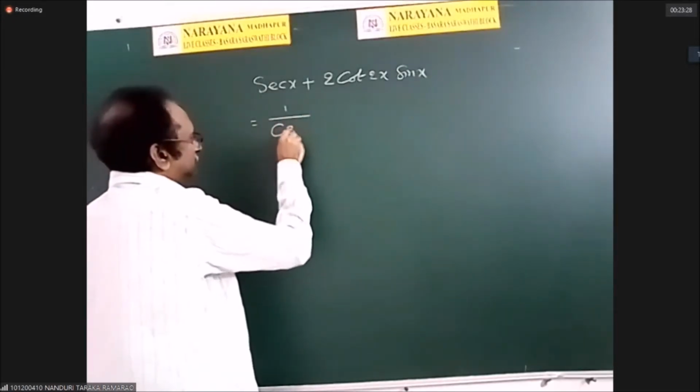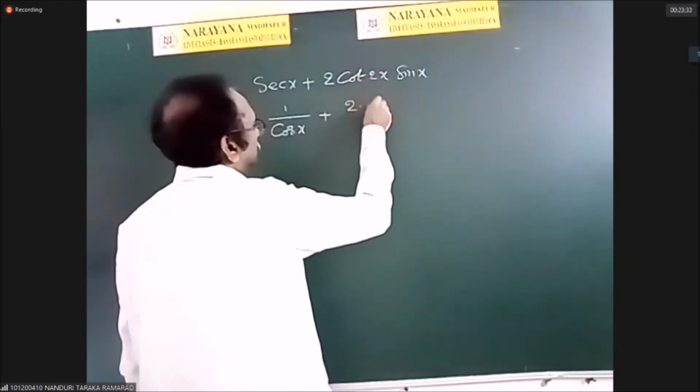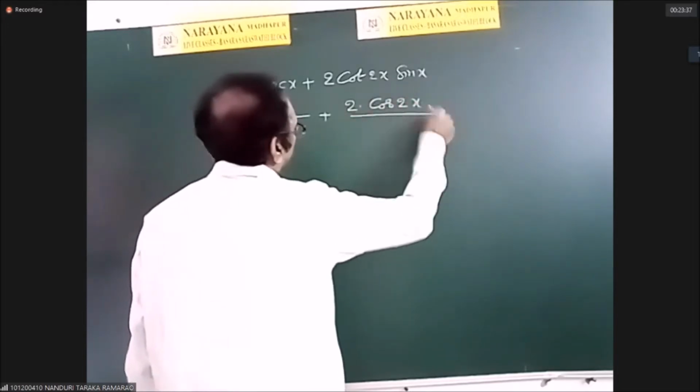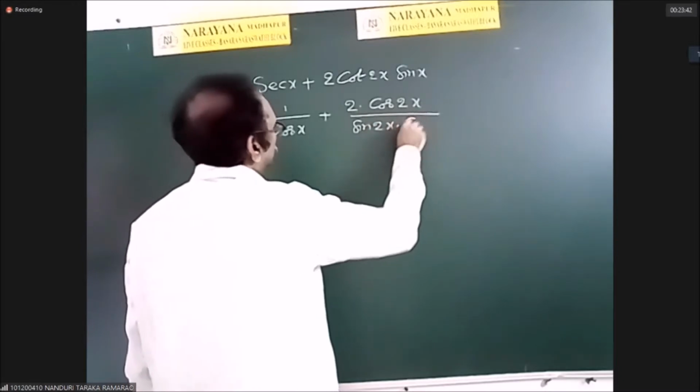1 by cos x plus 2 into cot 2x, which means cos 2x by sin 2x, into sin x.